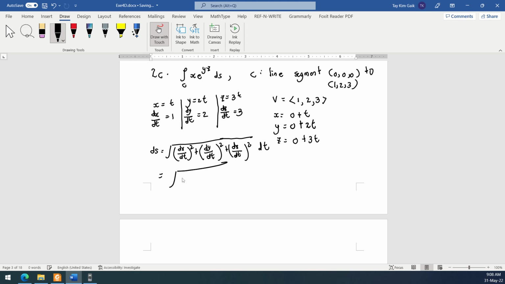So square root of 1 squared plus 2 squared plus 3 squared, dt. So total is 1 plus 4 plus 9, which is 14, so ds is square root of 14 dt. x is replaced by t, y by 2t, z by 3t. We integrate with respect to t, and if we use this technique, t always goes from 0 to 1.